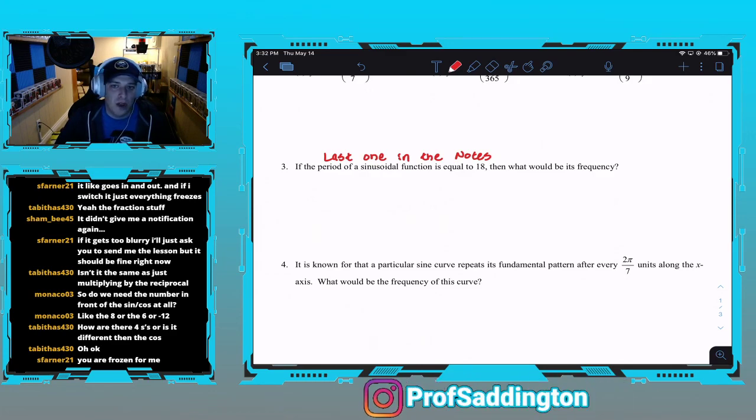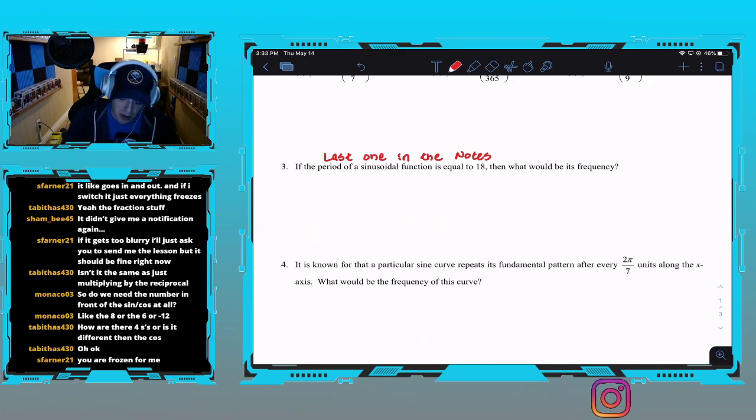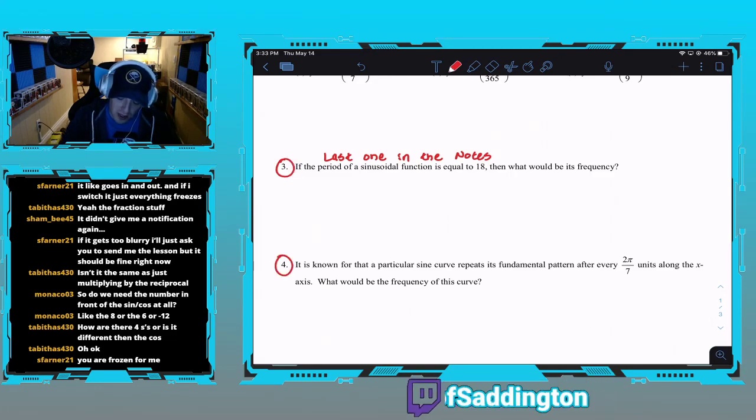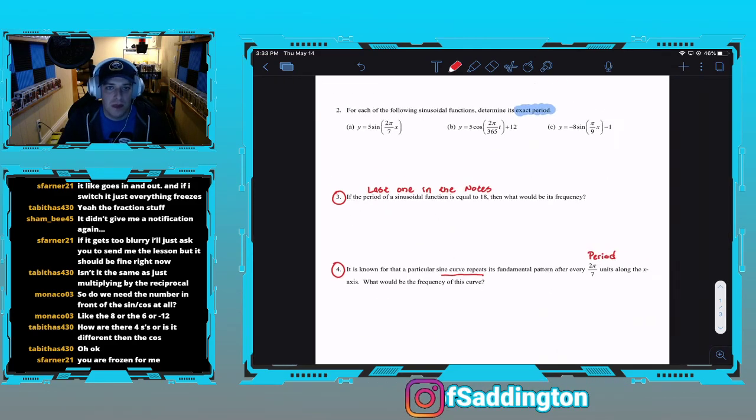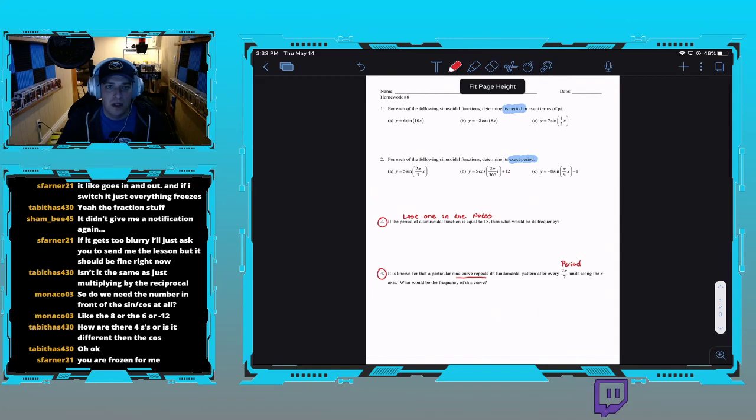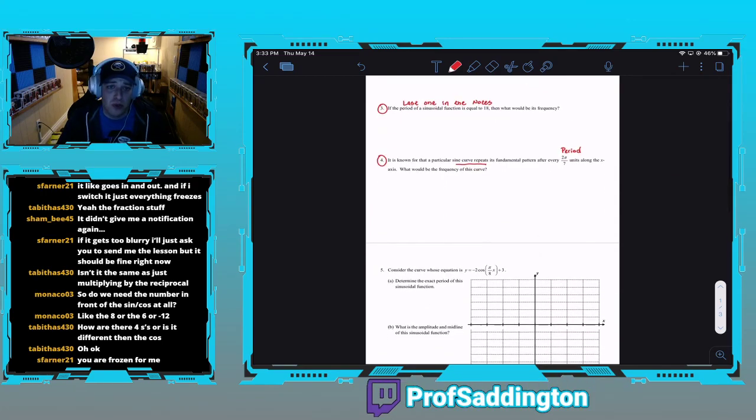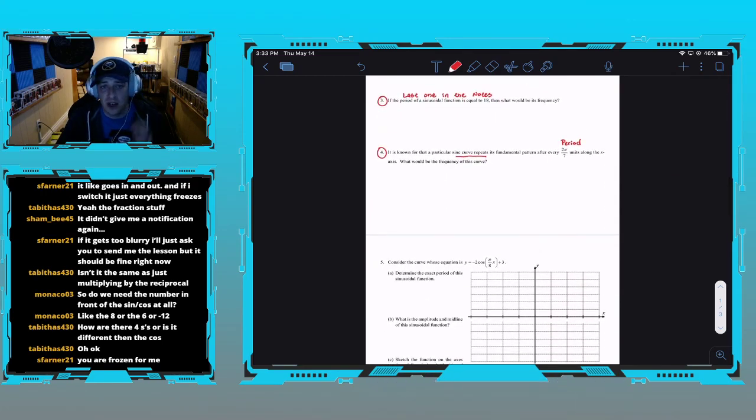Number 4, actually number 4 is the same thing. So number 3 and 4 are like that because this is saying that the sine curve repeats every 2 pi over 7. So again, this is known as your period. And the problem says find the frequency. Okay? So you guys should be able to go through and do that entire homework now.